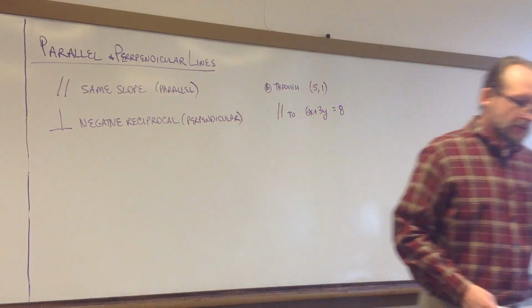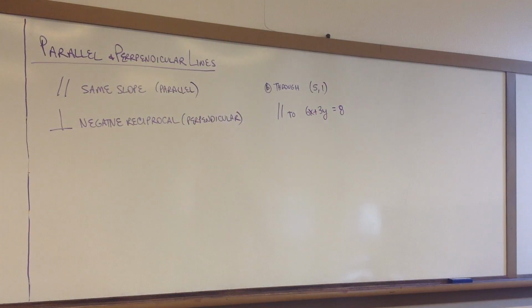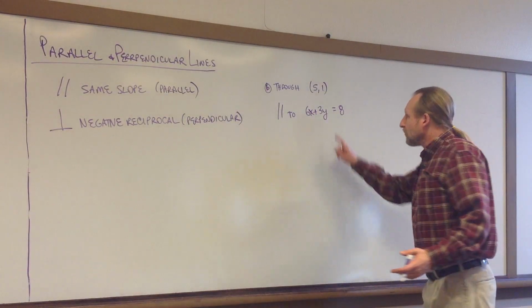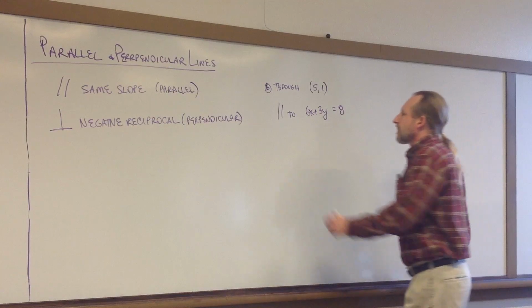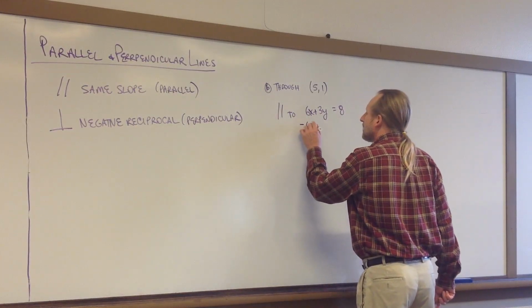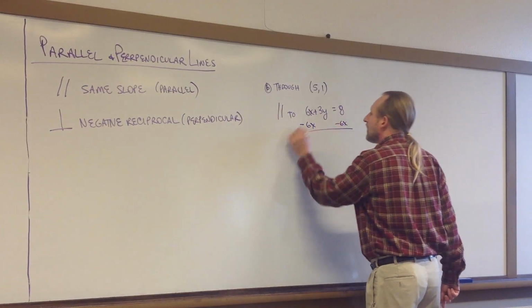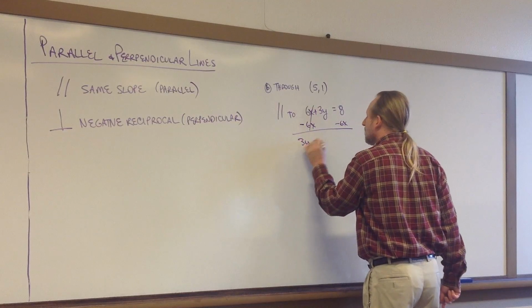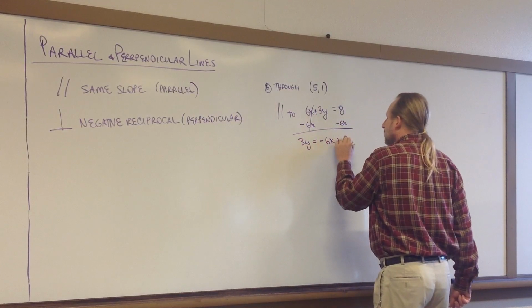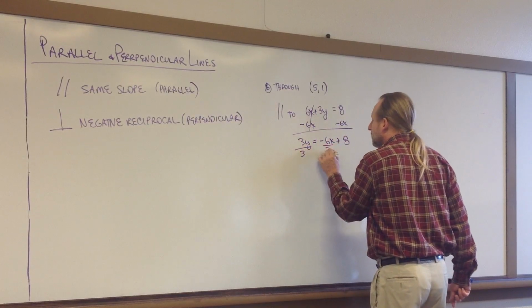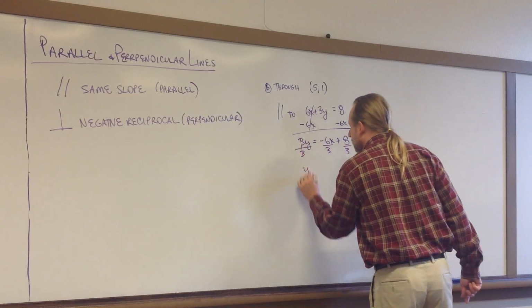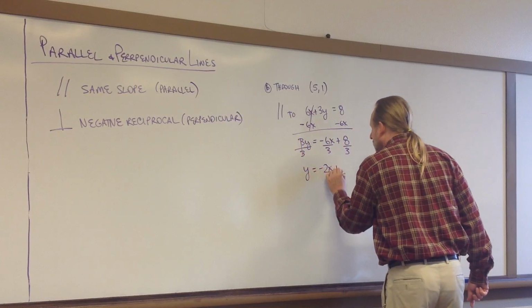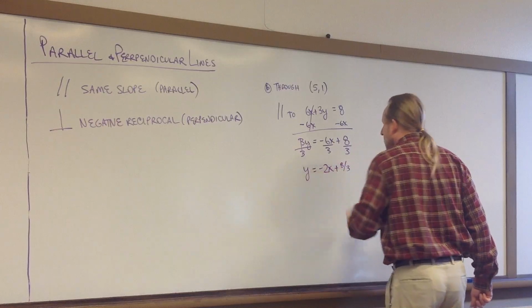All right. So, if your equation is not in slope-intercept form, we need to get the y by itself. Okay? So, let's move the x to the other side. 3y equals negative 6x plus 8. And then divide everything through by 3. y equals negative 2x plus 8/3.